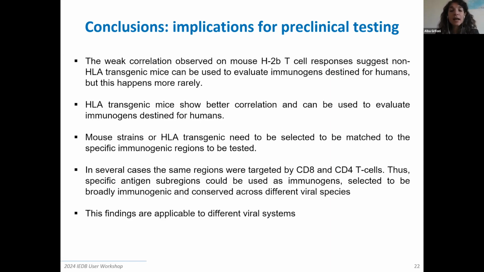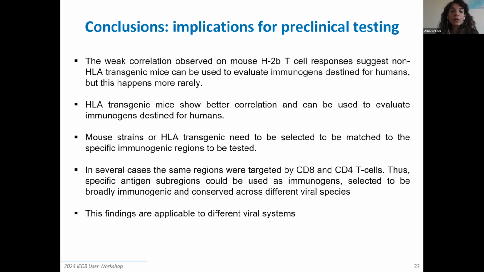HLA transgenic mice have been shown to have a better correlation and maybe can be used to evaluate immunogens designed for humans, but in general, the mouse strain and the HLA transgenic has to be selected to match the specific immunogenic region that you're interested in testing.